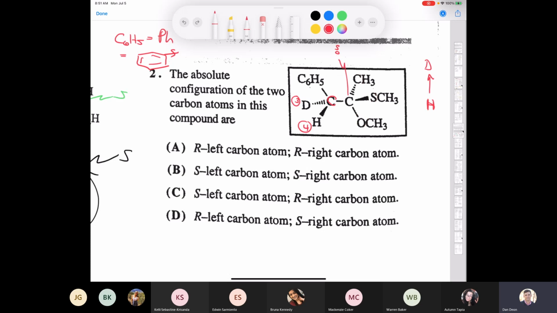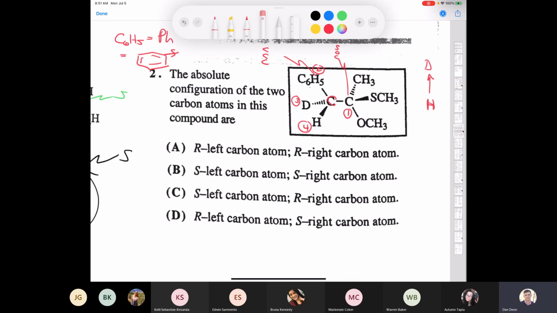And this one, since it's attached to a phenyl, it's attached to carbon, carbon, carbon. So that means that this carbon is going to be first highest priority. And then the phenyl will be second highest. So we have first, second, third, and fourth.